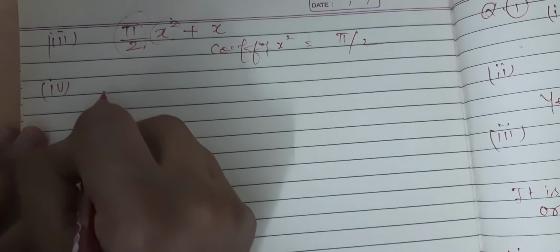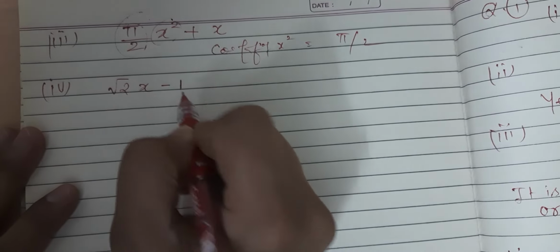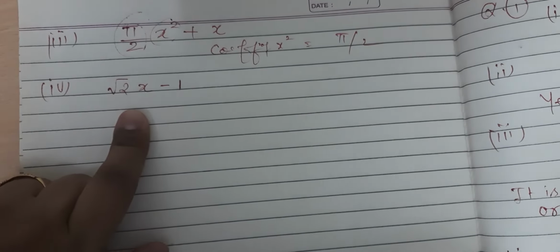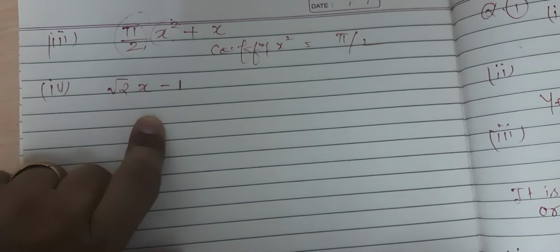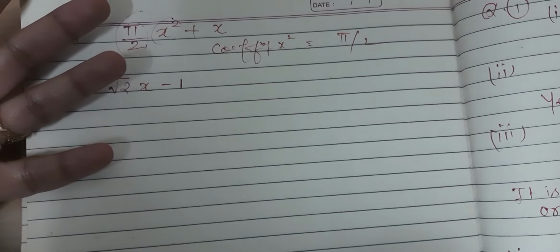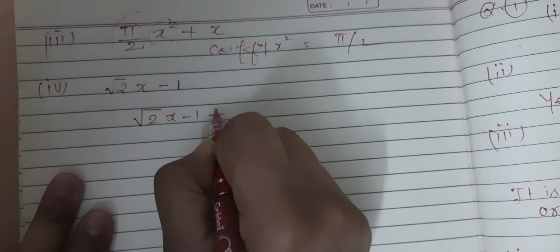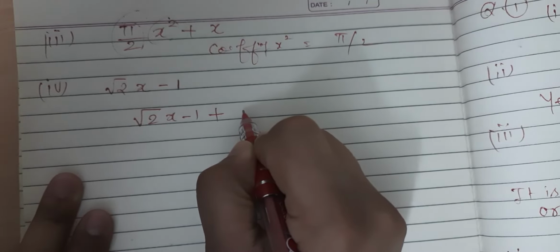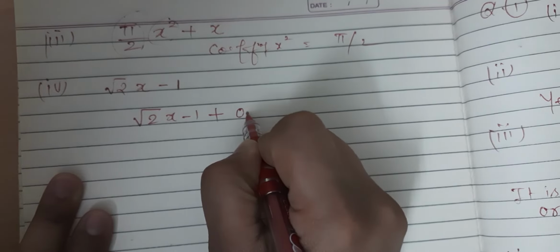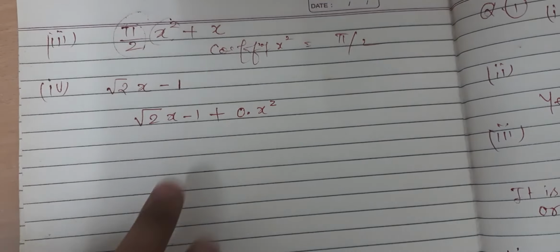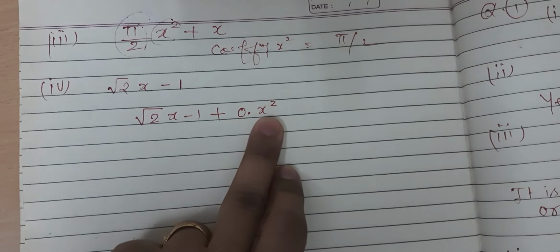In the next question, root 2 x minus 1, we have to find the coefficient of x square, but we don't have x square here. So what will we do? We can rewrite this expression with 0 multiplied by x square. We just assume it was there, and 0 multiplied by any term is 0.